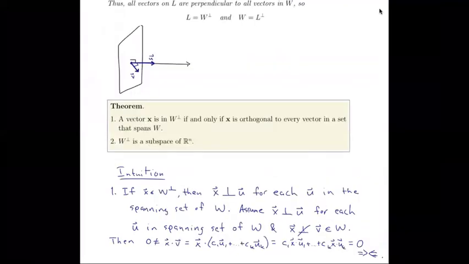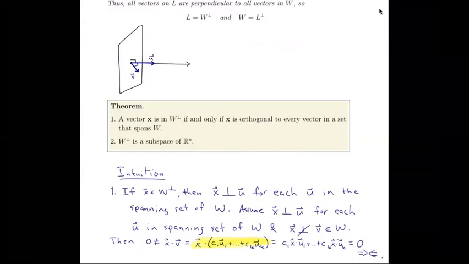Going a little further and looking at a vector X being in the orthogonal complement of W, if we take X plus Y, two vectors that are in the orthogonal complement of W, then both of them satisfy this property.